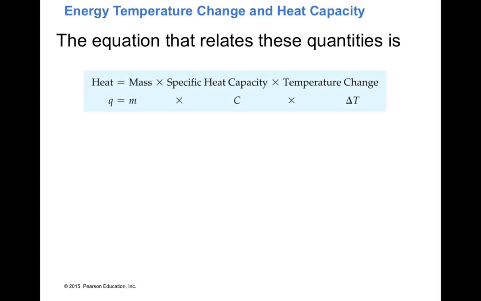The equation that relates these quantities is heat is equal to mass times the specific heat capacity times the temperature change: Q = m × C × ΔT, where Q is heat, m is the mass of the substance in grams, C is the specific heat capacity in joules per gram per degree Celsius for the substance, and ΔT, this symbol is known as delta, and delta means the change in.